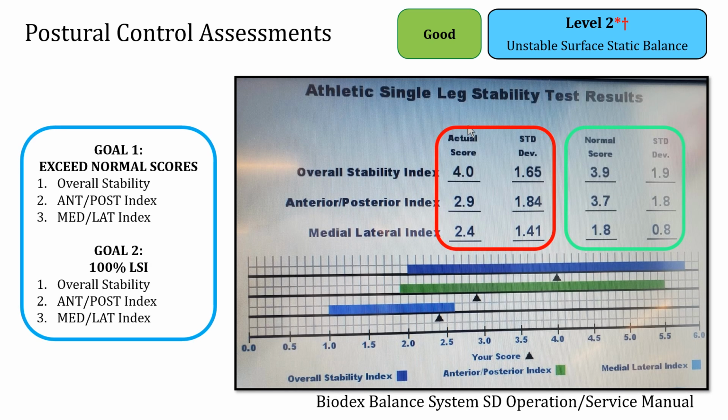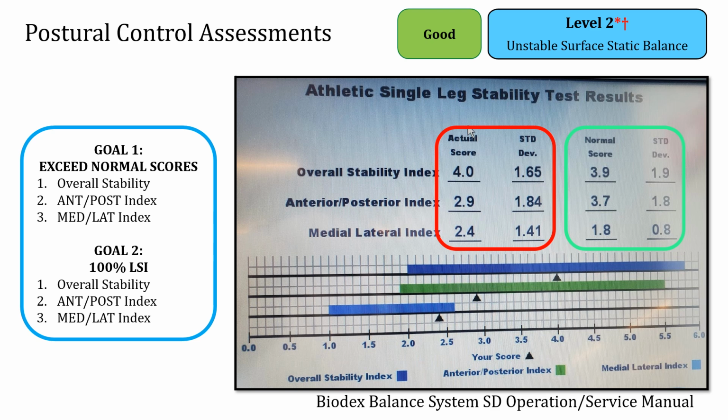And the nice thing about this is that it also provides you with the actual scores, the deflection of the platform being the units here, and then you have the standard deviation, and it gives you the normative data for the overall, anterior to posterior, and medial, lateral indices.